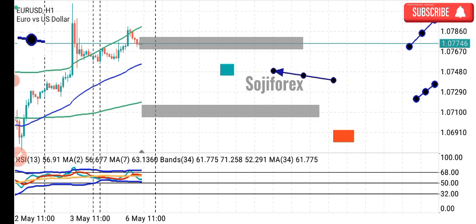So in this video, I'll be sharing with you some secret entry confirmations that you will need at your point of interest, be it an order block, a fair value gap, support and resistance or a trend line, as the case may be, depending on your analysis, which you can use to make confirmations for your entry.